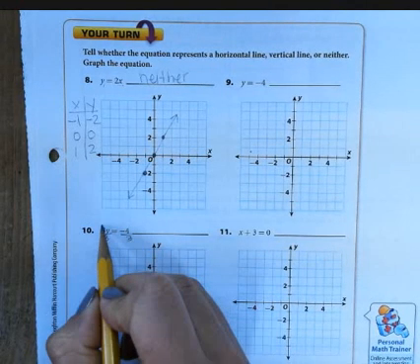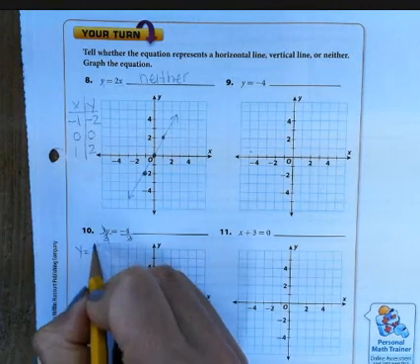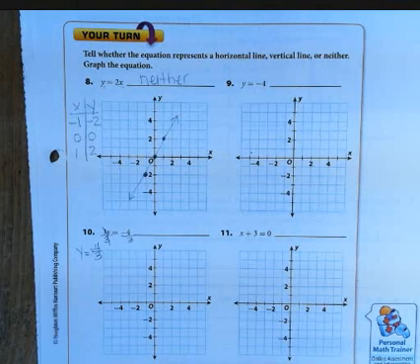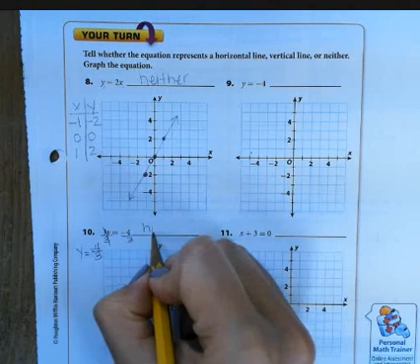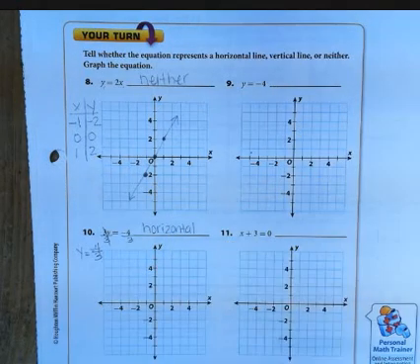And what a horizontal line is going to look like in this particular case, we said that if y equals a number, then it's going to be crossing the y-axis at that number no matter what the x value is. So negative 4/3 is the same as having negative 1 1/3. So I'm going to come down here to negative 1, then go down just a little bit more, and plot my point here.